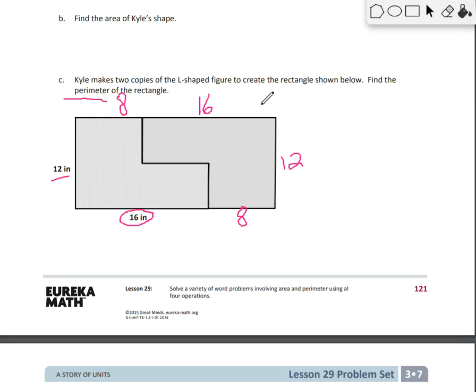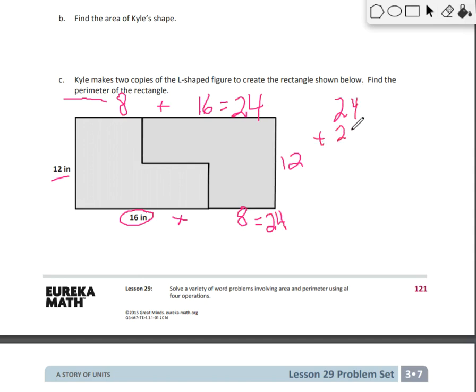Now we need to go and find our perimeter. I'm going to combine my sides so that I'm dealing with one number here instead of dealing with 2. So 8 plus 16 is going to be 24. And now we have 24 plus 24. That's a double. That's the amount of hours in the day.